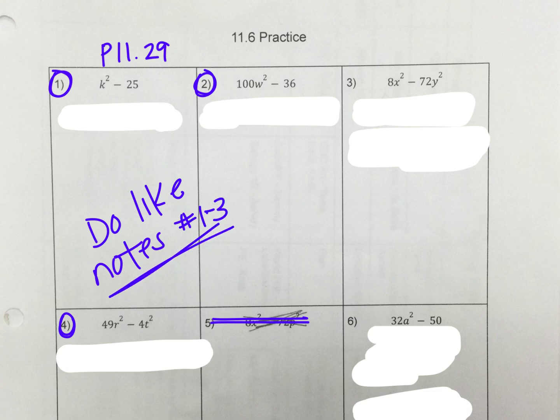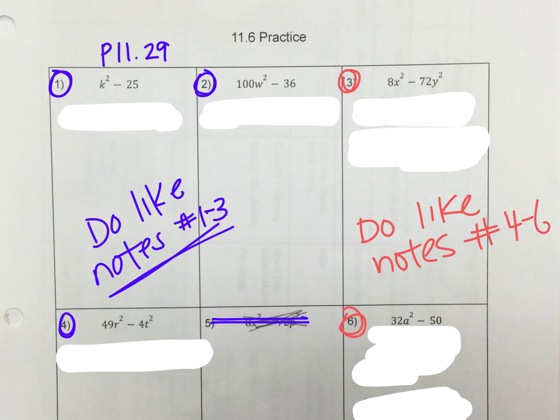They'll be just like how you did them in your notes. And then 3 and 6 do like your notes, numbers 4 through 6. So those will take longer because you'll break it down, you'll circle. There'll be a lot more to do with those, okay?